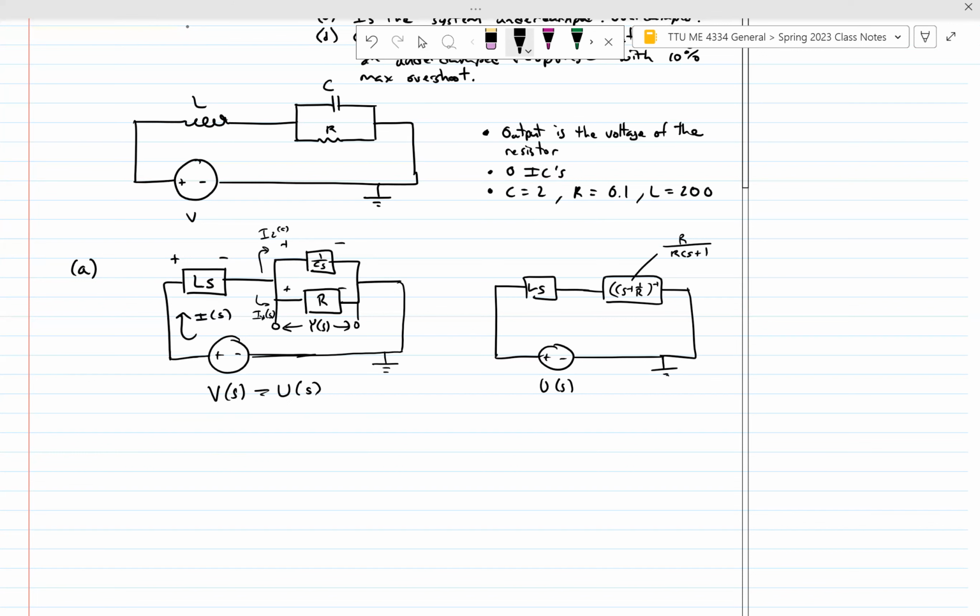Okay. And why did I do this? Why did I recommend this is the way to go? Where's our output? What happened to our output? Where is it?